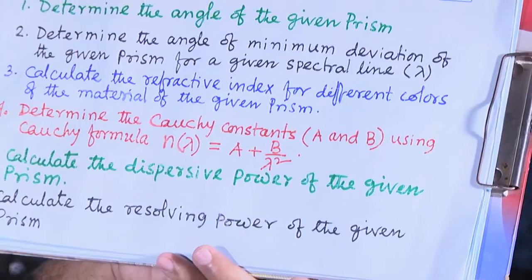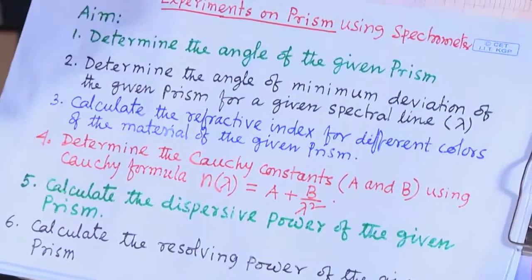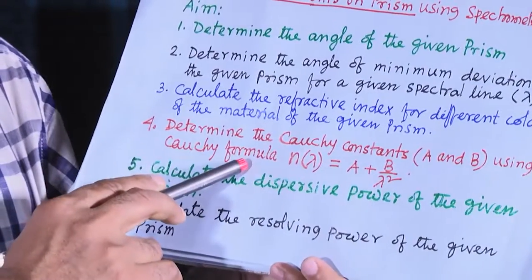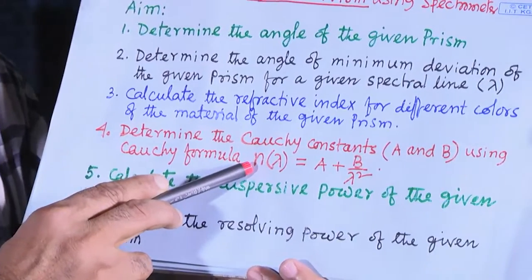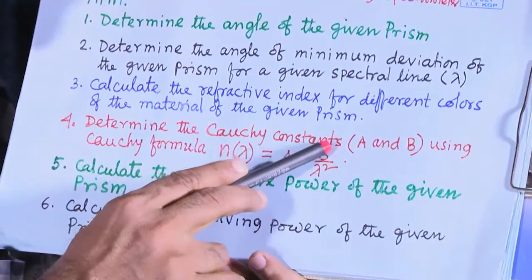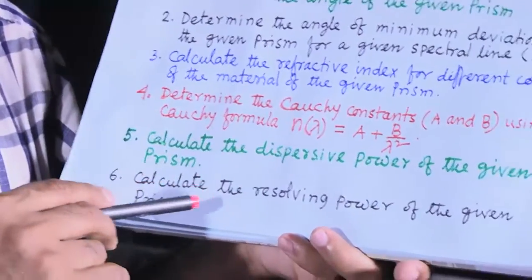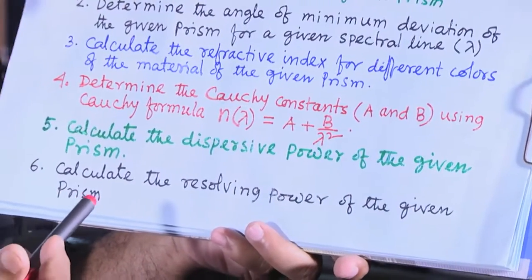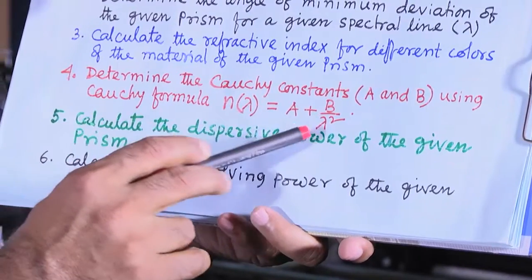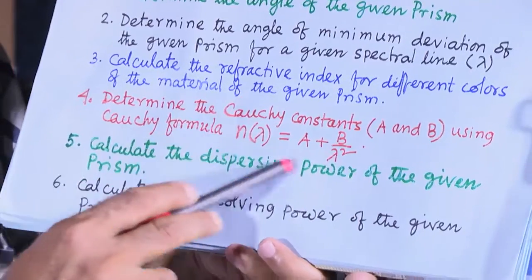There is a formula, a relation, that is called the Cauchy relation, the Cauchy formula. That is n, the refractive index as a function of lambda, equal to a plus b by lambda square. A and b are constants for the prism. So, refractive index depends on the lambda.